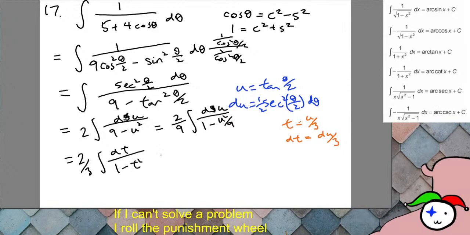Is it a natural, wait, did I make a mistake somehow? Yeah, I did make a mistake. It's 5 sine squared plus, it should be plus.